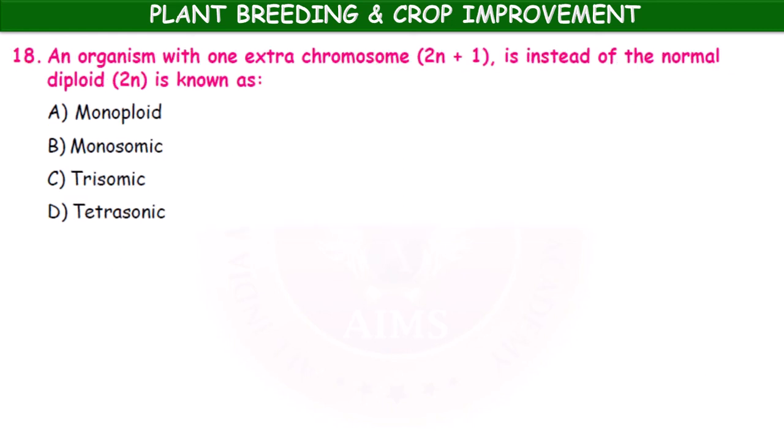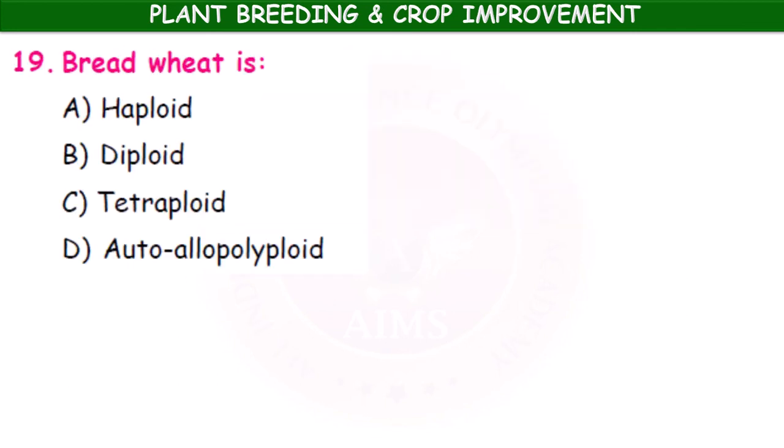Heterozygous. See, an organism with an extra chromosome, 2n plus 1, instead of the normal diploid 2n, is known as monoploid, monosomic, trisomic, tetrasomic. It is a trisomic condition, 2n plus 1. Okay.